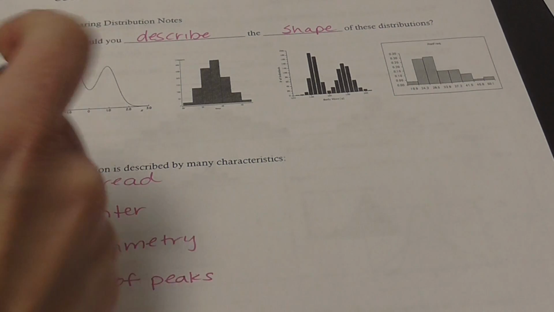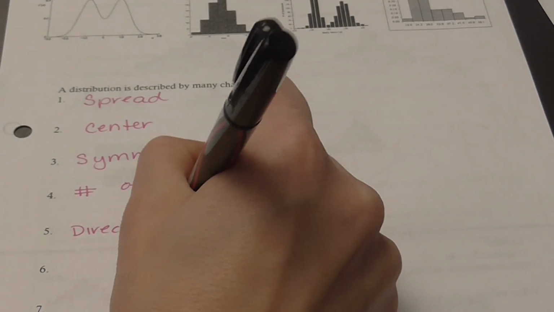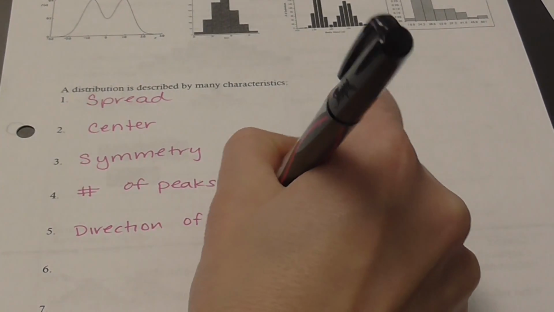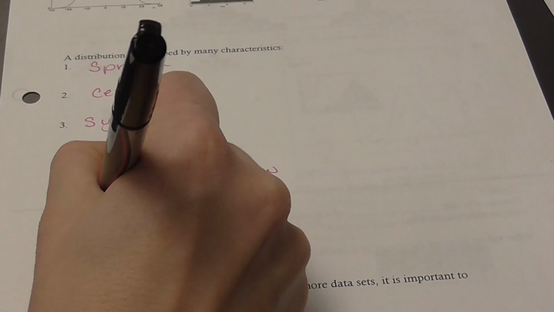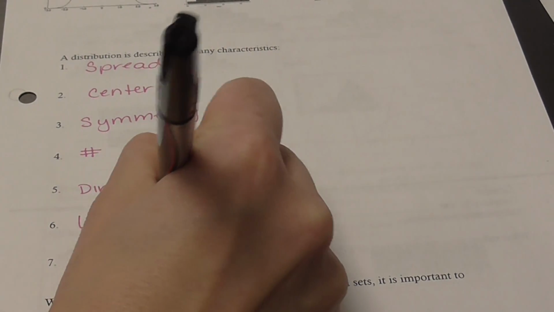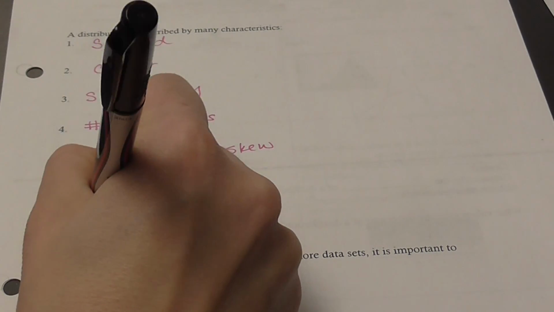That's just like it sounds. That would have 2 peaks, for example. Direction of skew: is the data skewed one way or the other? And uniformity. How uniform is it? And the last thing would be any unusual features.